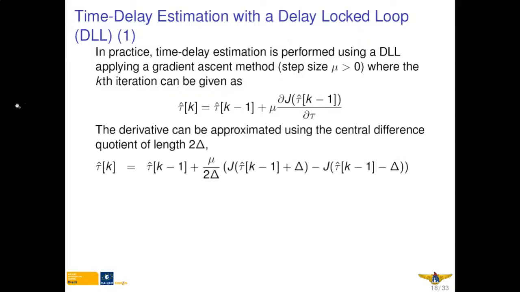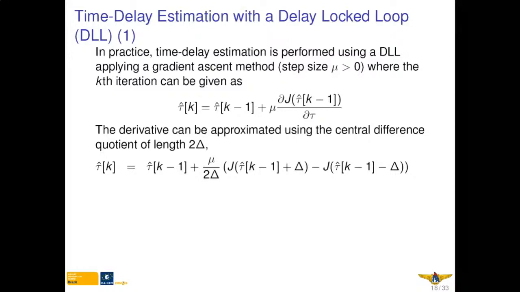The derivative in this formula can be approximated using the central difference quotient of length 2 delta. We can introduce that here in this formula, where we now have the signal delayed by plus delta and delayed by minus delta.